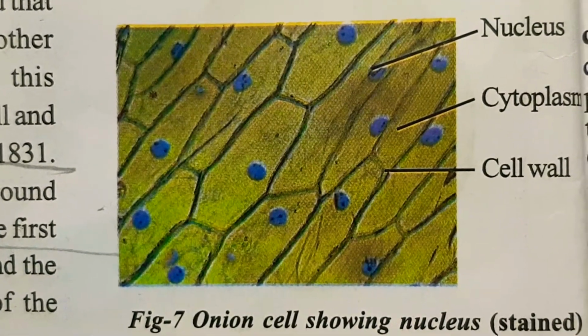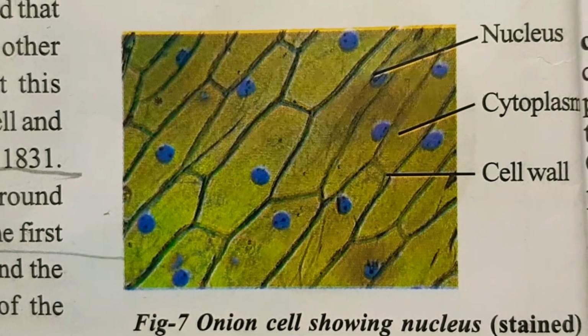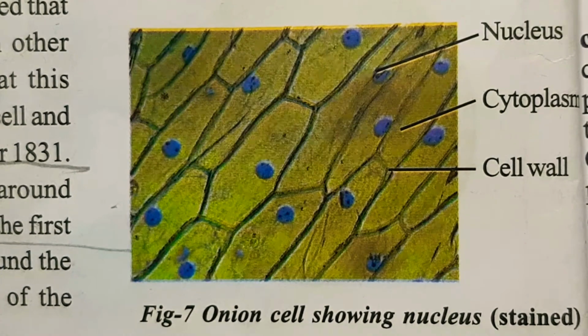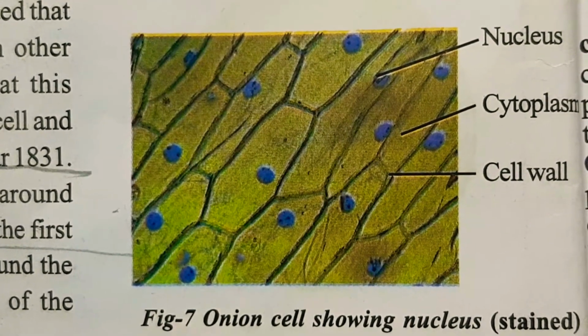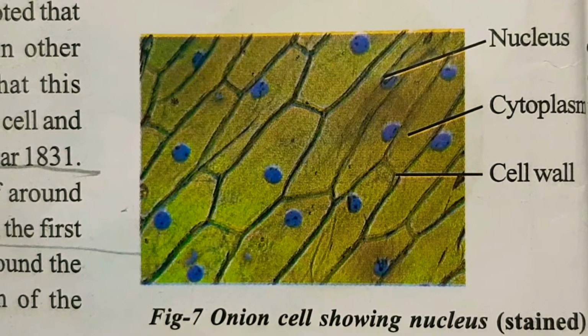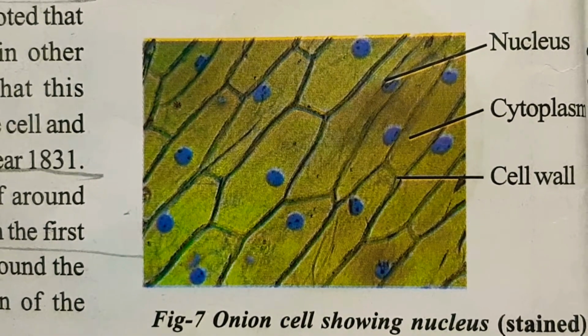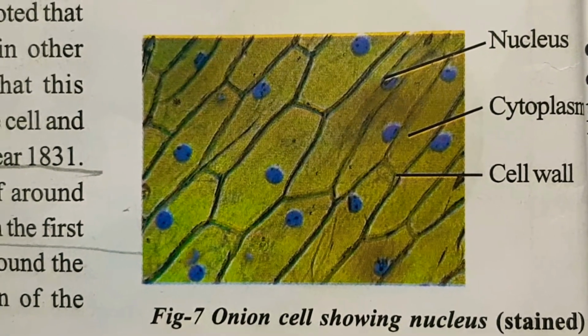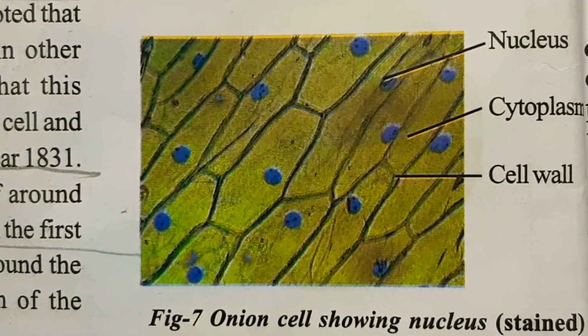This is the onion cell in which you can see the cell wall, which is thick. If you compare the plant cell and animal cell, the animal cell has only the cell membrane, whereas the plant cell will contain a cell wall along with the cell membrane.